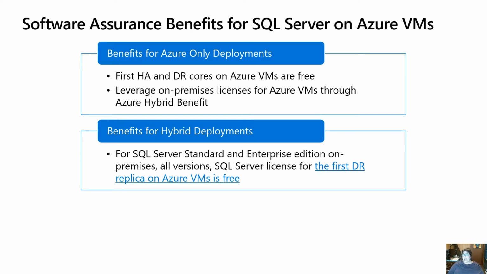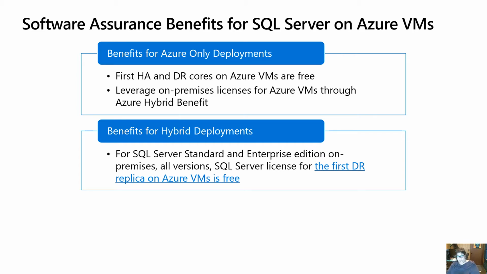If you're going for a hybrid deployment, where you have on-prem instances of SQL, and then you also want to have, say, disaster recovery in Azure, you can use the Azure DR benefit. What that allows you to do is have your first DR replica in Azure for free.